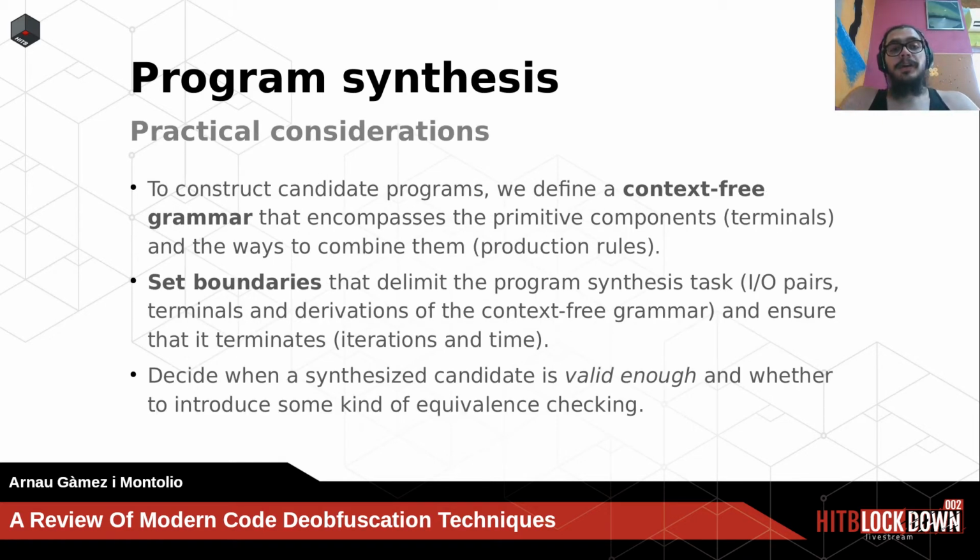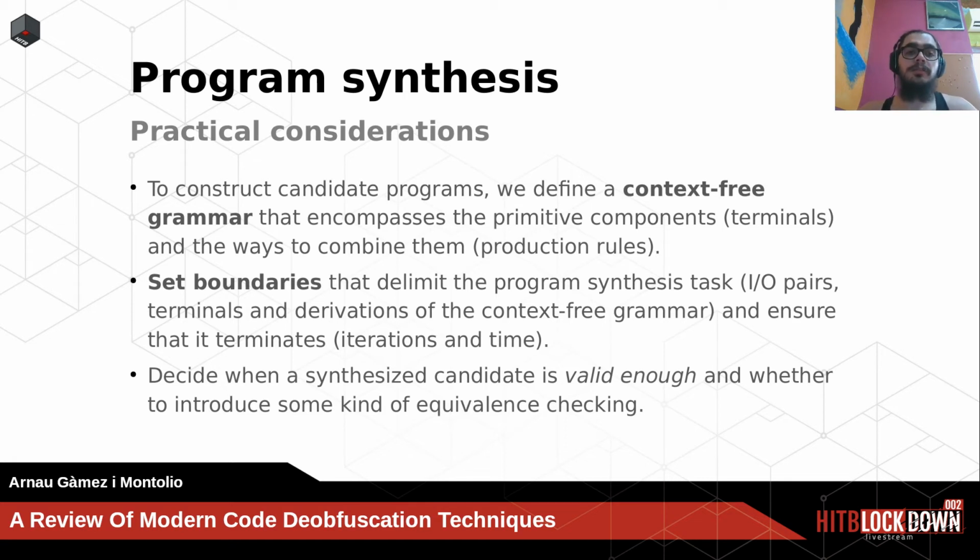So, some practical considerations before going on. When we talk about constructing candidate programs, what we are essentially doing in the real world is defining a context-free grammar that will encompass all the primitive components, the terminals, which will essentially be which variables we are using to create our expressions, and also the ways in which we combine them, the production rules of the context-free grammar.